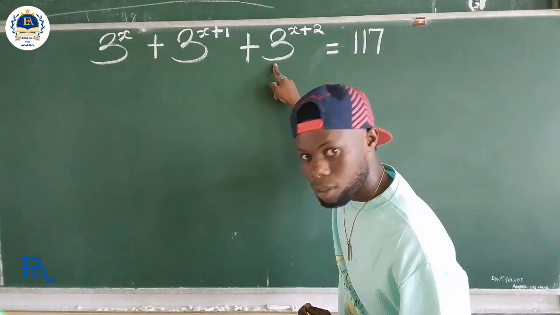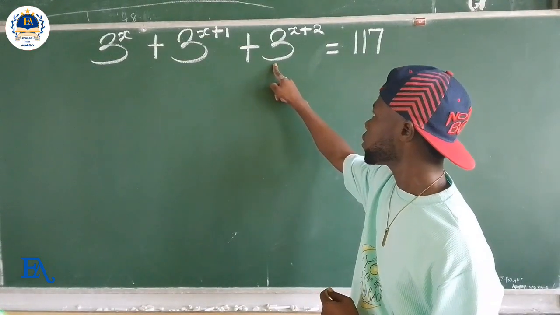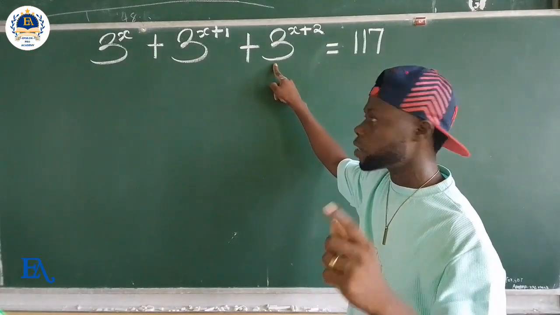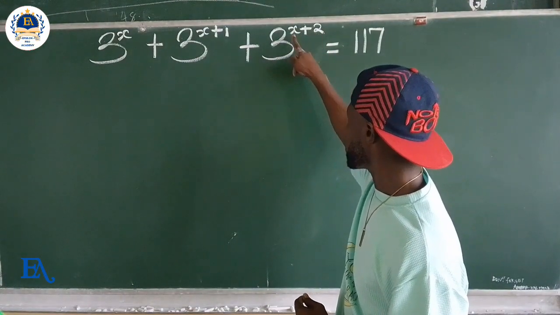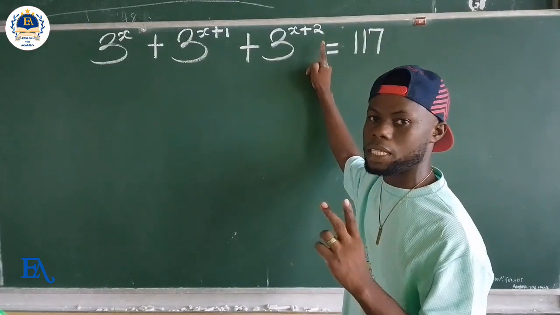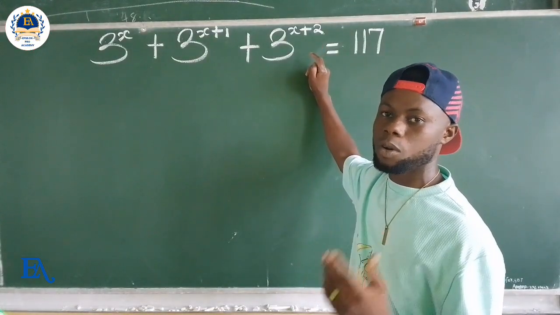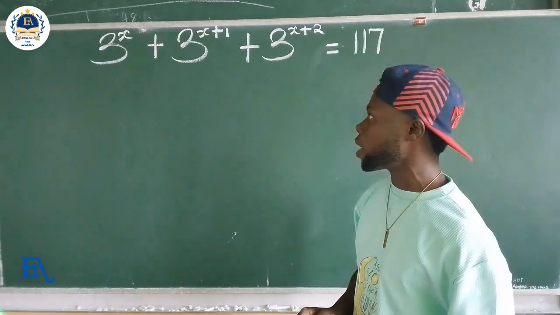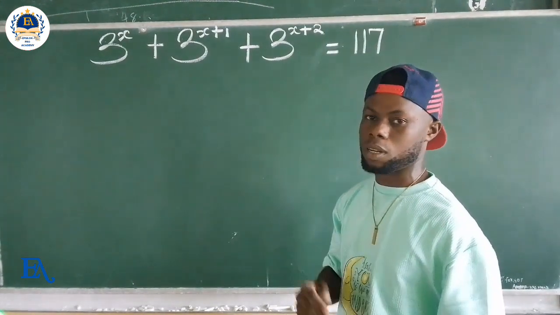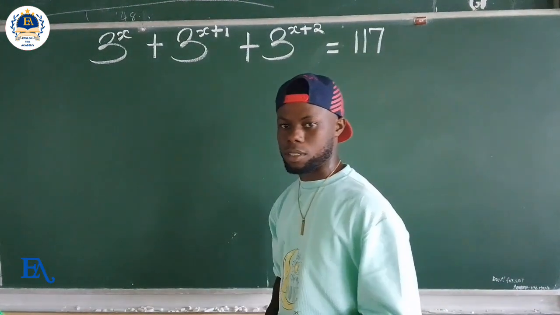It's not 4. Yes, you are right, 2. So we have x plus 2. Our main focus should be on the exponents, basically those terms that have more than one exponent. So how do we solve this?